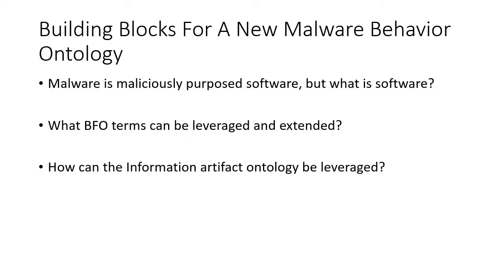So one of the preliminary steps that I wanted to take in proposing a new ontology for malware was to actually understand ontologically what software is. After that, I wanted to identify what BFO terms could be imported into the ontology and how they could be extended, and similarly for the Information Artifact Ontology as well.